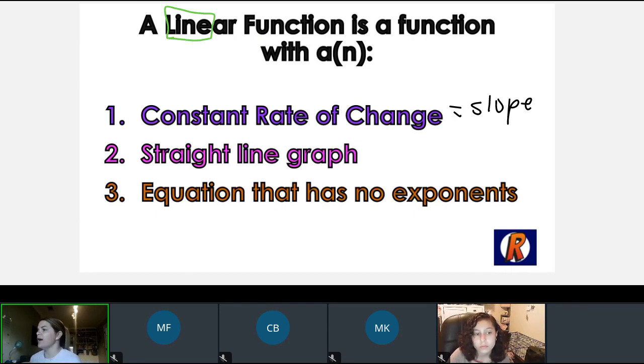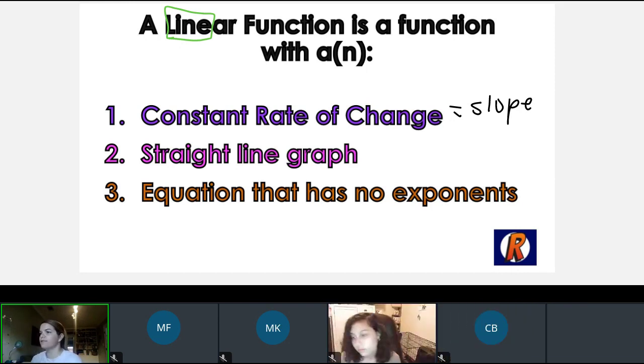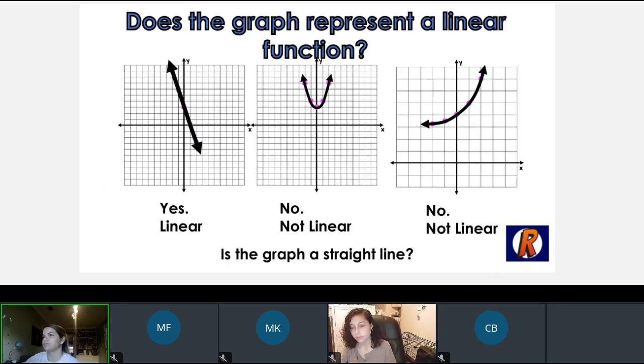So a linear graph is a straight line. So if you ever get a question with graphs and there's some straight ones, some curvy ones, some circles, it's a linear function if it is a straight line. Okay, and it cannot have any exponents. So that's some ways that you can remember what is a linear function.